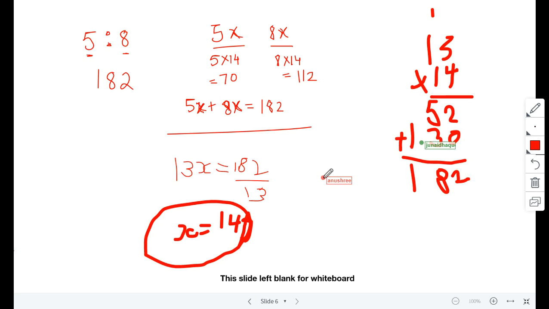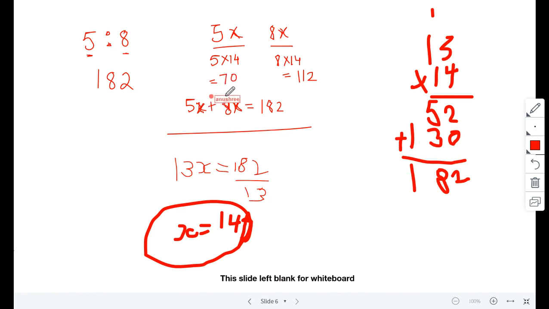Yes, so that was that the two numbers are in ratio 5 is to 8. There are two numbers which are in ratio 5 is to 8 and their sum is given as 182. So you have to find the two numbers. Since they are in ratio, we suppose that the first number is 5x and second number is 8x.